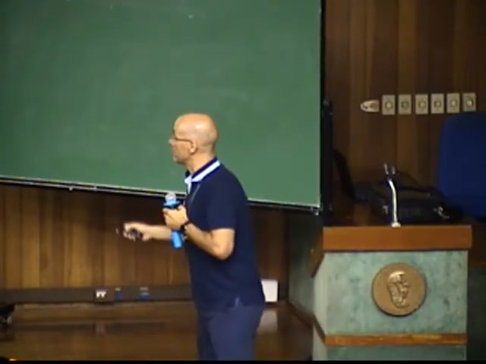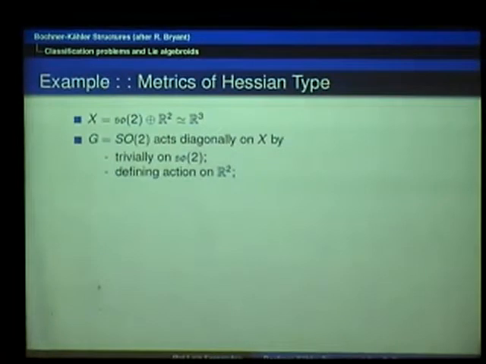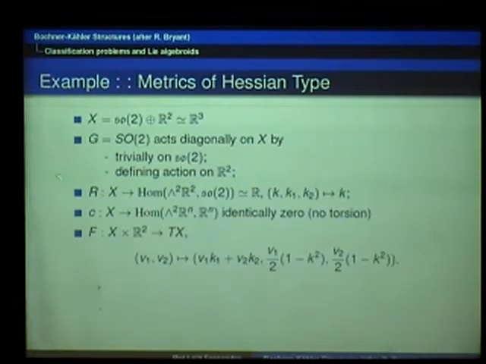In the case of the metrics of Hessian type, the X will be R^3, so the direct sum of so(2) with R^2. The G, again, will act diagonally, acting trivially on so(2) and by the defining action on R^2. And these are the expressions for the curvature viewed in this way. It's just very simple in this case.